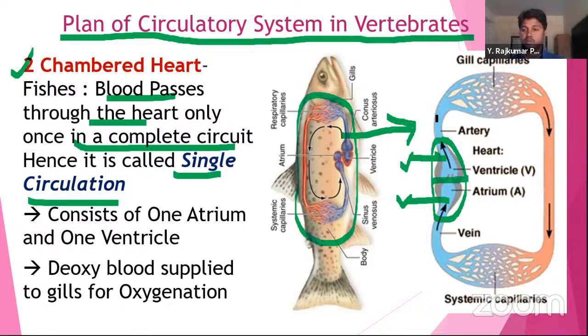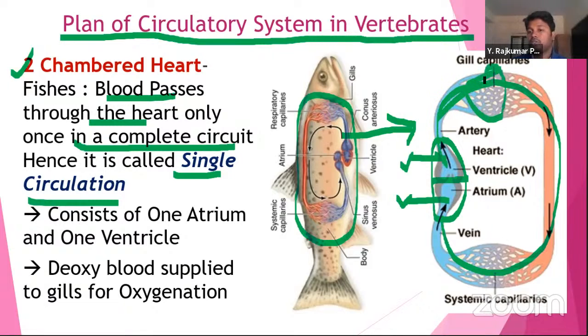There is only one flow through the heart, hence it is called single circulation. So the deoxygenated blood is supplied to the gills, and the gills exchange the gases and make it oxygenated blood. And the oxygenated blood is supplied to all parts of the body.